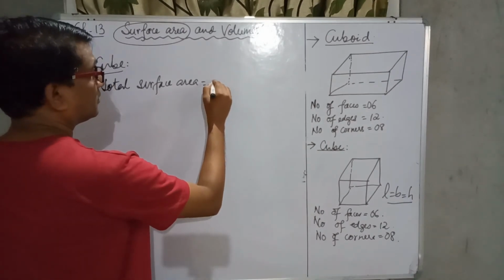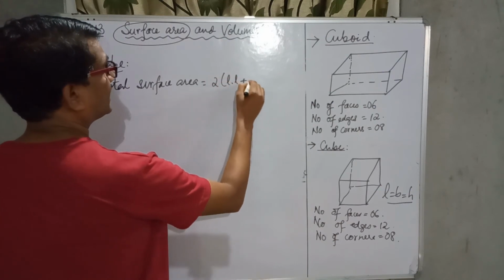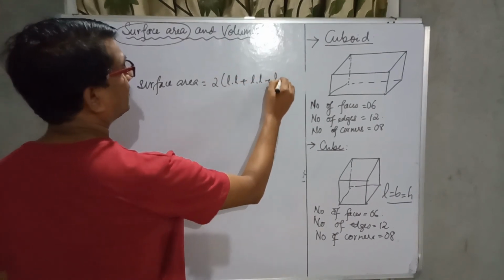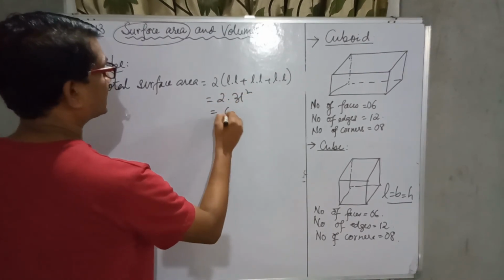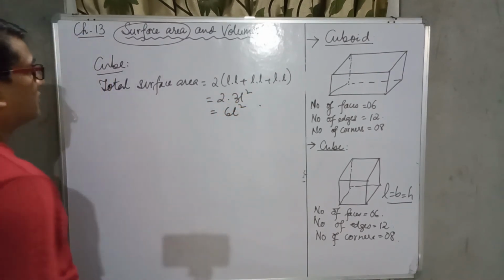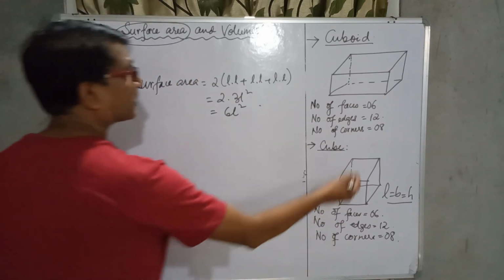So if we put 2 into (L into L plus L into L plus L into L), what will we get? 2 into 3L square, that is 6L square. So the total surface area is 6L square, where L is the length of the edge of the cube.